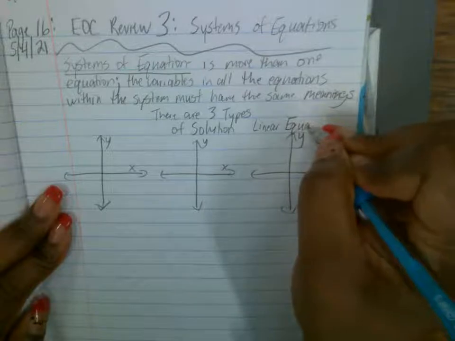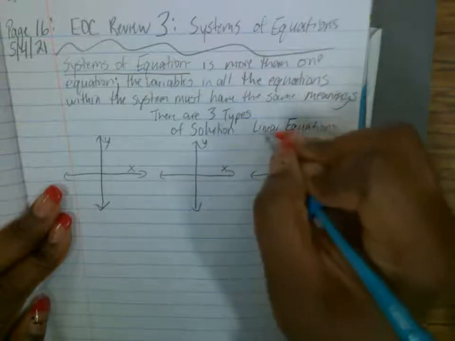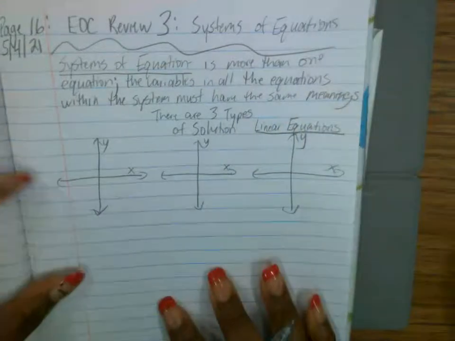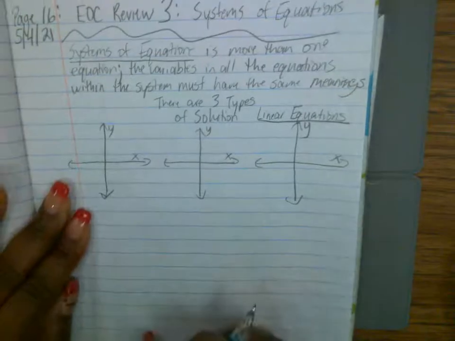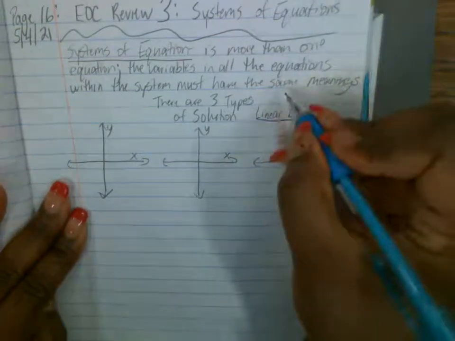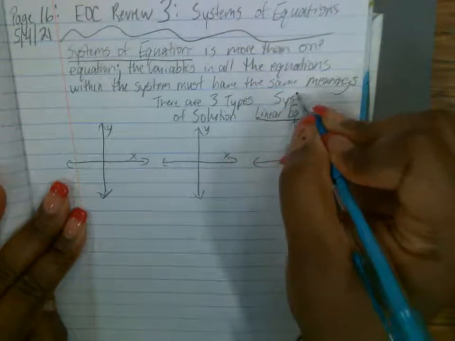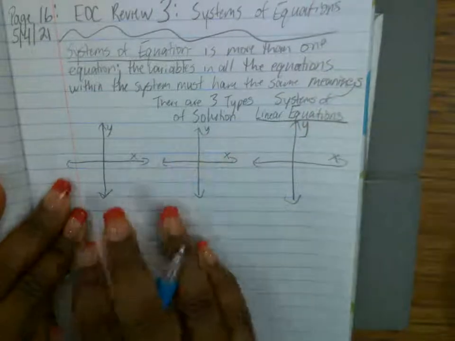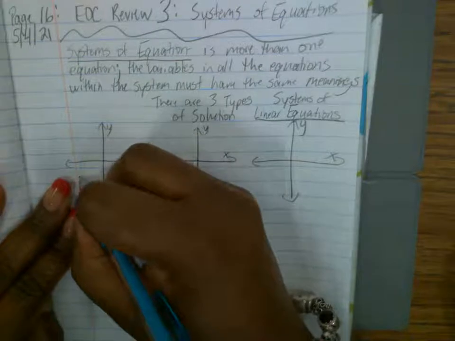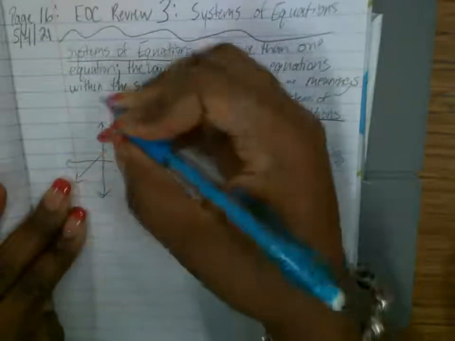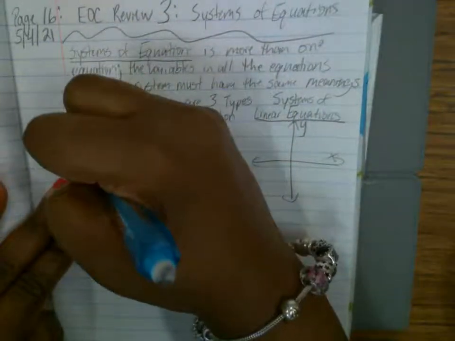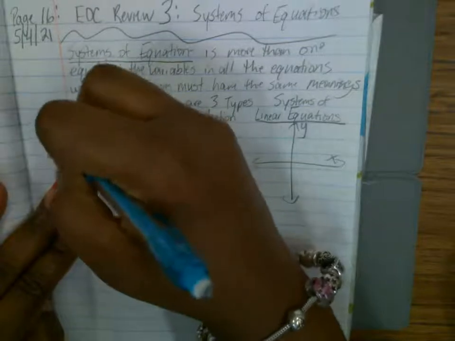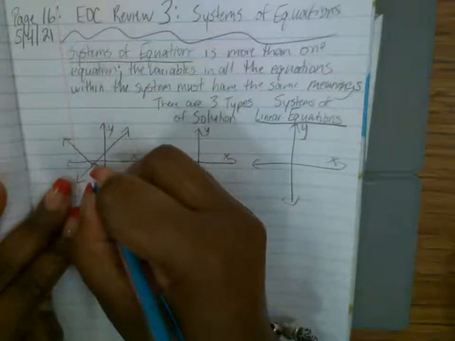For systems of linear equations, you can have 2 straight lines that when you graph them, they cross each other.